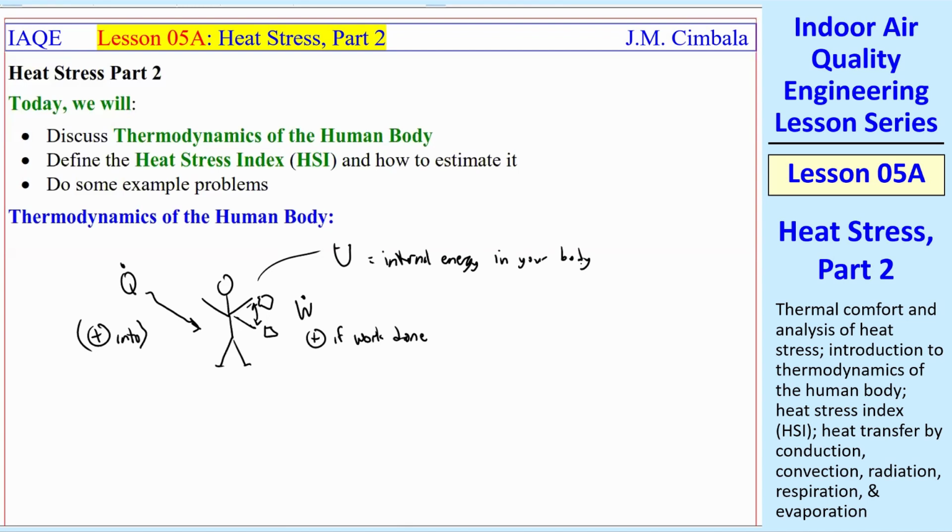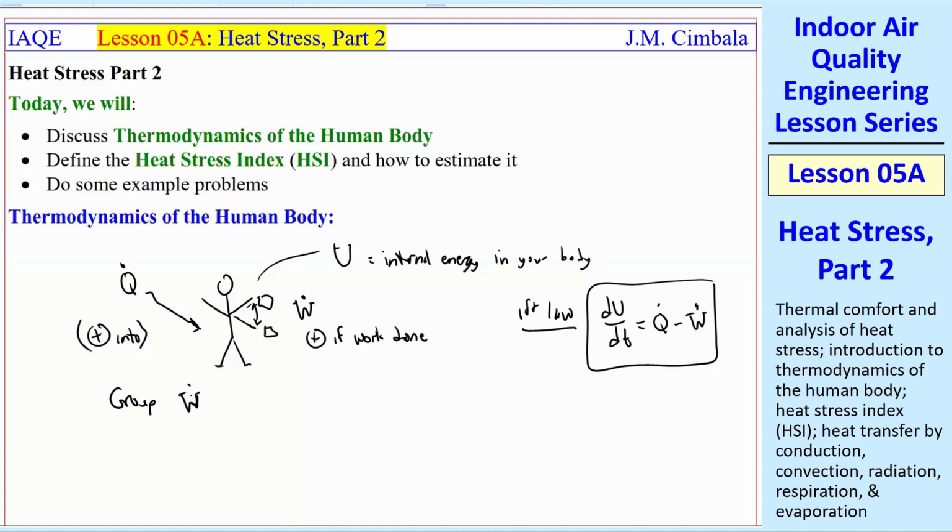So from a purely thermodynamics point of view, we would write the first law of thermo as dU/dt equal Q dot minus W dot. It gets a little complicated with the body because the work you're doing as you lift weights, or if you're running, you're not really lifting any weights, and that still is energy being spent. So we're going to group this W dot term, this rate of work done by the body, with the metabolic rate.